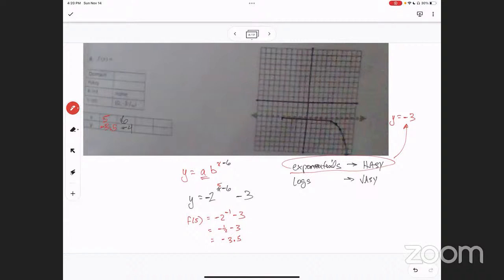Let's see if we're right about the y-intercept. How do I find the y-intercept? Plug 0 in for x, right? So it would be -2 to the -6 minus 3. -2 to the -6 is -1 over 2 to the 6th, which is 1 over 64. So -3 and 1/64.